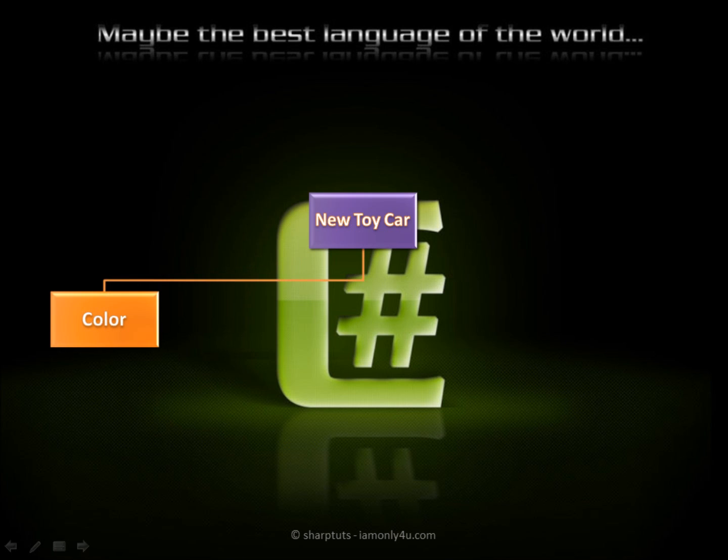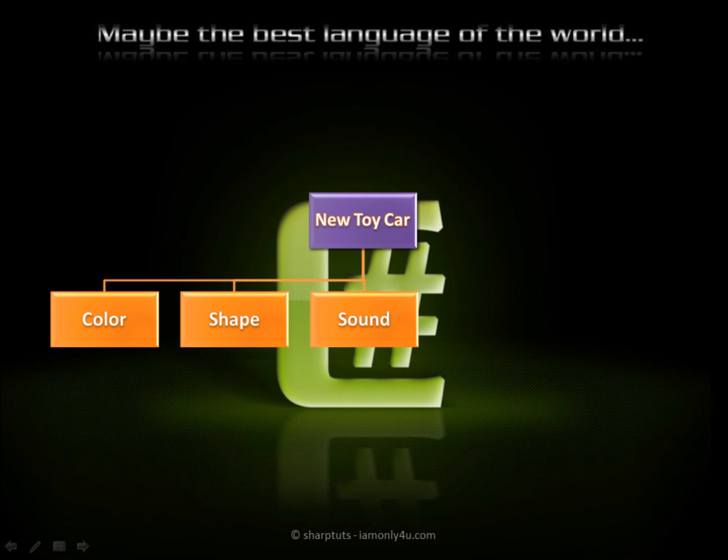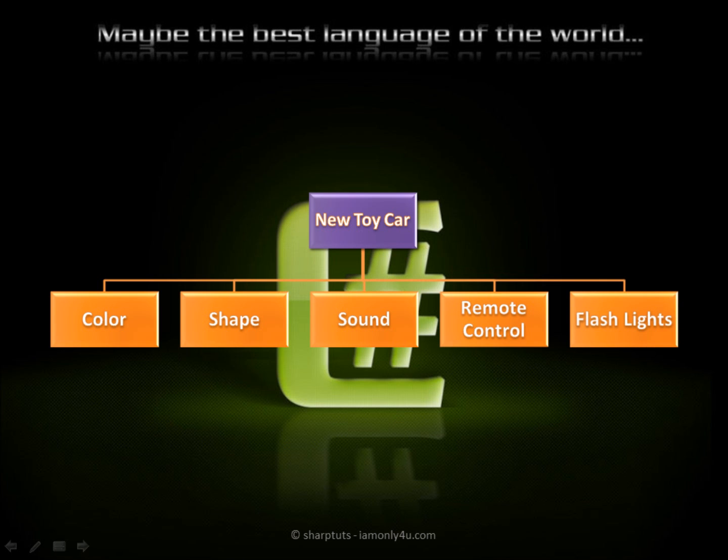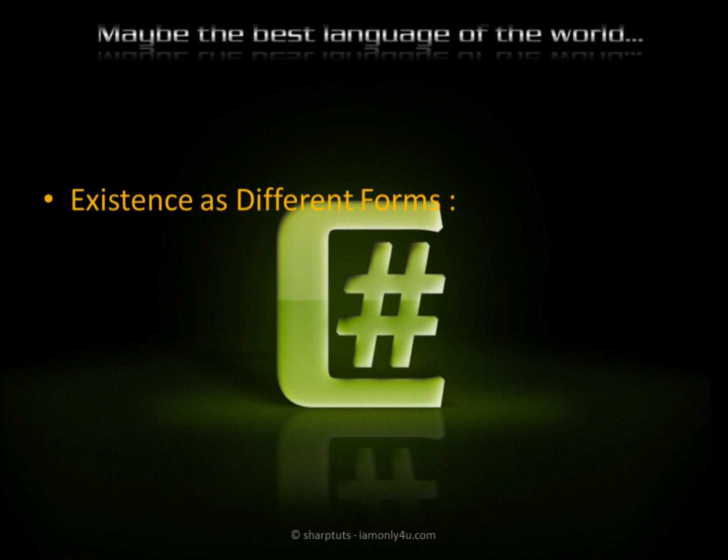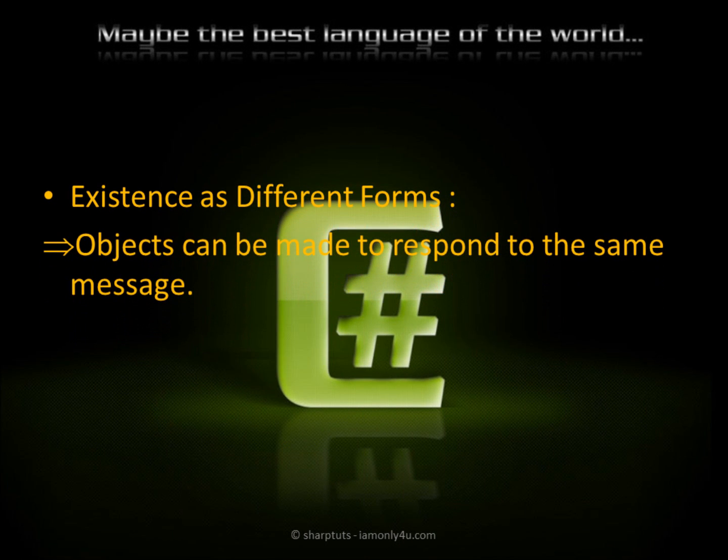So what I have now, color, same, shape, same, sound, same. Oh, remote control I've added up, so I got too much money actually. And flashlights, okay, so that's a very simple way how we can update, change something into something, anything.